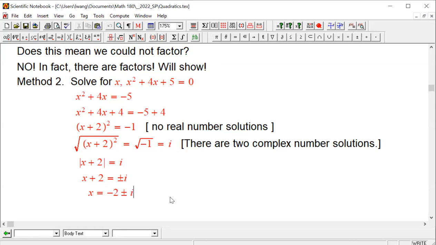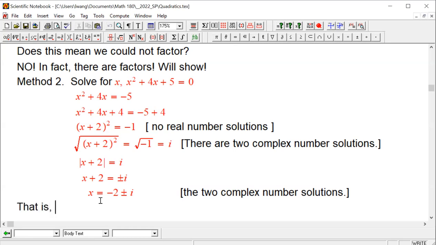These are the two complex number solutions. One is -2 minus i, the other one is -2 plus i. If you want to separate them, x equals -2 minus i, and the other one -2 plus i. These are the two solutions.